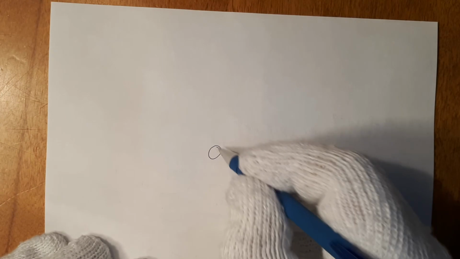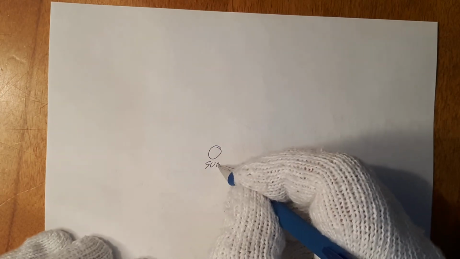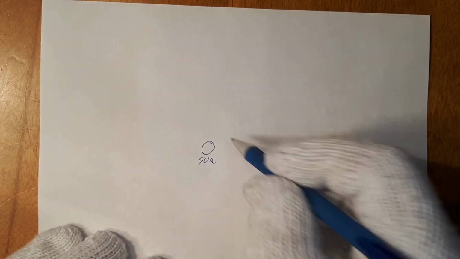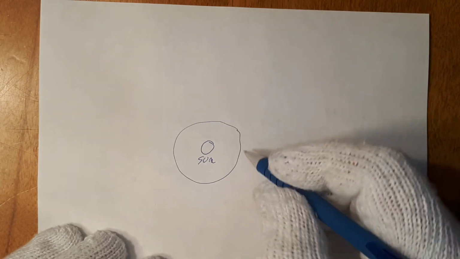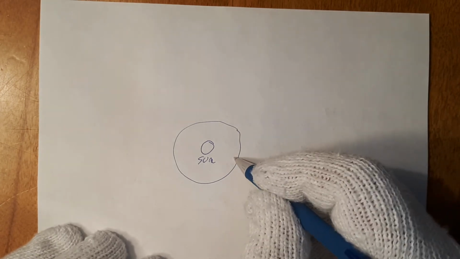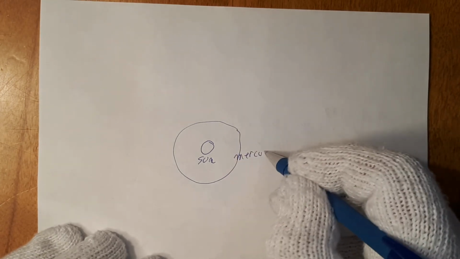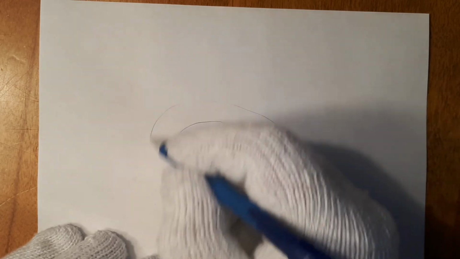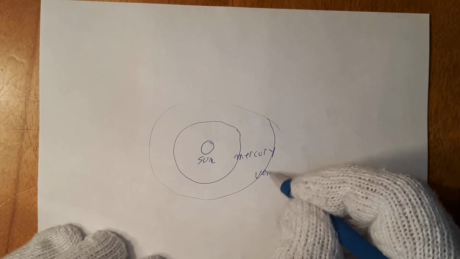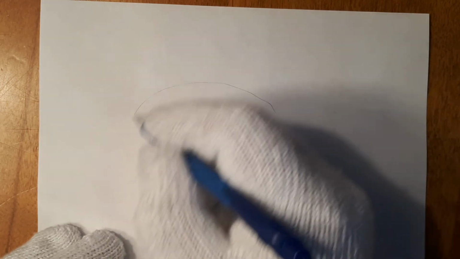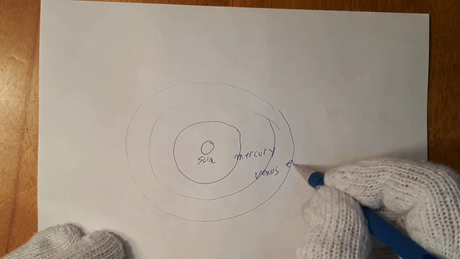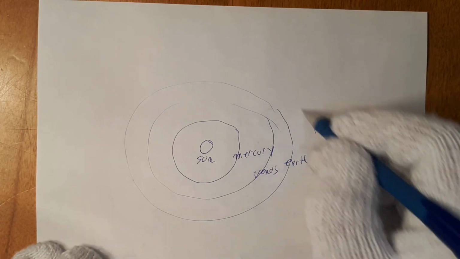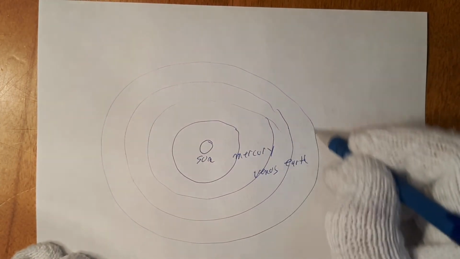Here's our sun. Next to it is Mercury. Next to that one comes Venus. And then comes Earth. And the next one after that one is Mars.